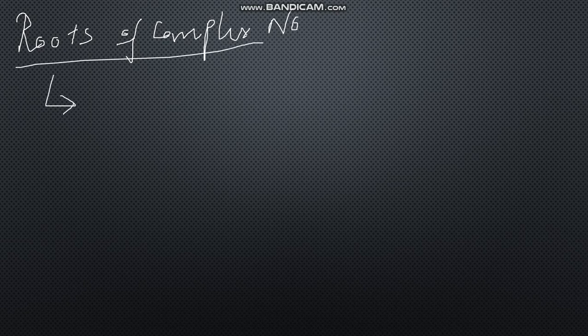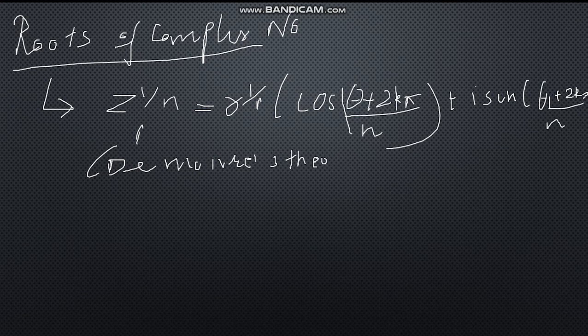So cos of (theta plus 2 pi k) by n plus iota sin of (theta plus 2 pi k) by n becomes the root of the complex number.